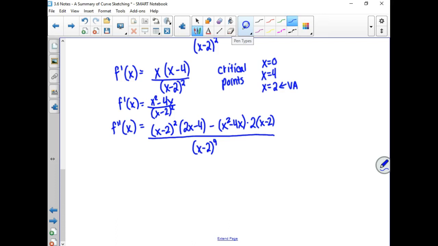And again, on this one, it's probably easier to factor out the x minus 2 because it can cancel with one of the x minus 2's in the bottom. So I will do that because I think that part's tricky.